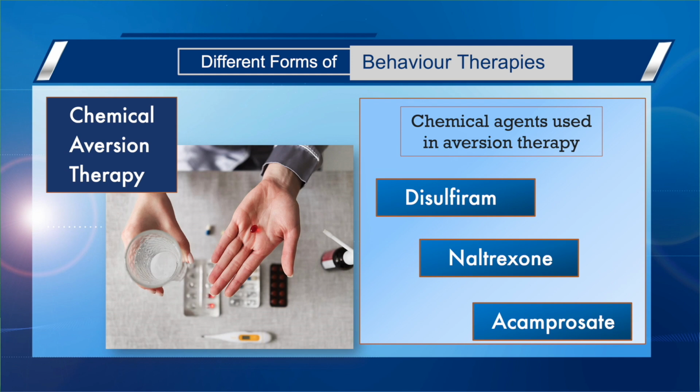If diazepam is given in the form of a tablet in the morning and the patient takes alcohol, he may feel nausea, high blood pressure, and increased heart rate. So, lots of physical symptoms will be there. The client generally avoids taking alcohol on these medications.